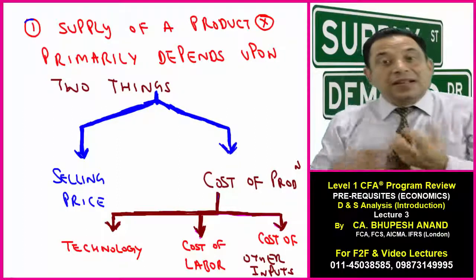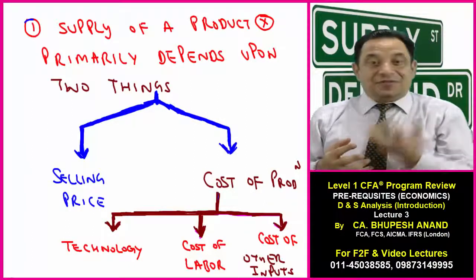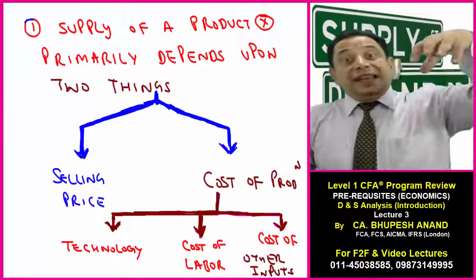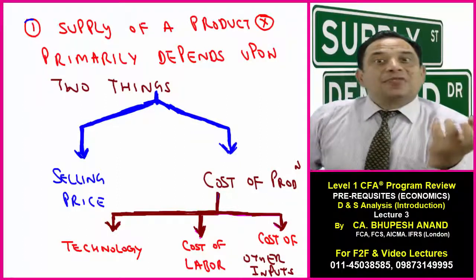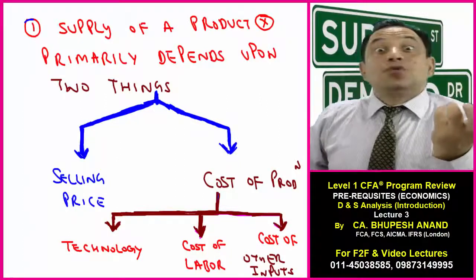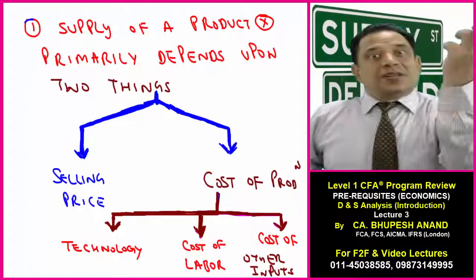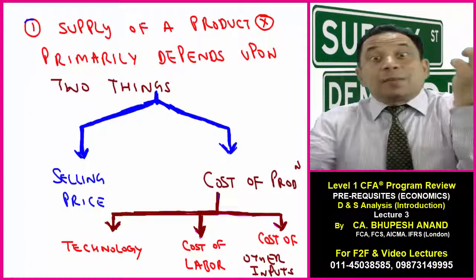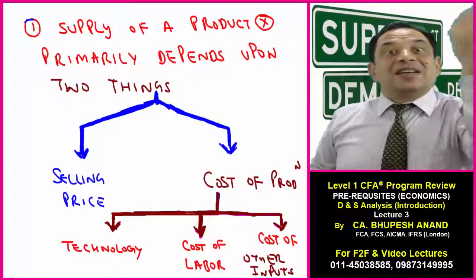For example, the first factor which is very important in case of supply is, if I take the example of petrol, the supply of petrol will increase if the price of petrol increases. Now think from the point of view of the producer: if the price of petrol increases, the producer will supply more quantity of petrol because the price of petrol has increased.